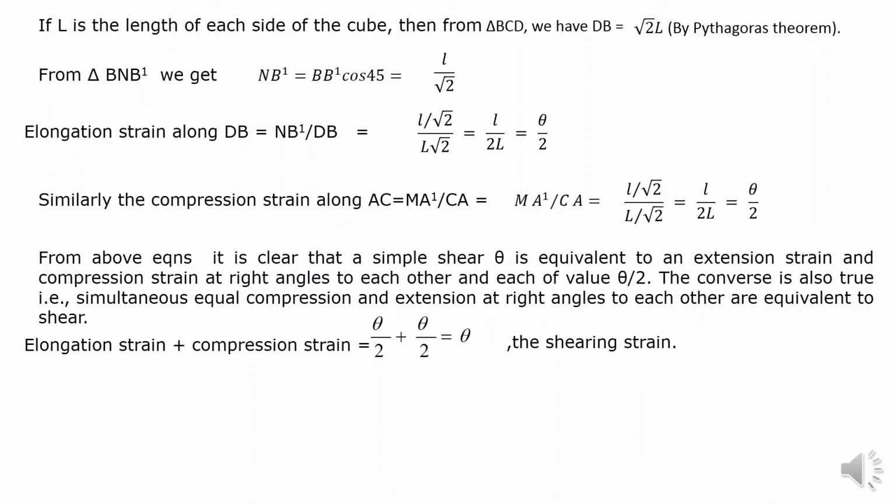From the above equation, it is clear that a simple shear theta is equivalent to an extension strain and compression strain at right angles to each other, and each of value theta by 2. The converse is also true, that is, simultaneous equal compression and extension at right angles to each other are equivalent to shear. Thus, elongation strain plus compression strain is equal to theta by 2 plus theta by 2, which is equal to theta, the shearing strain.